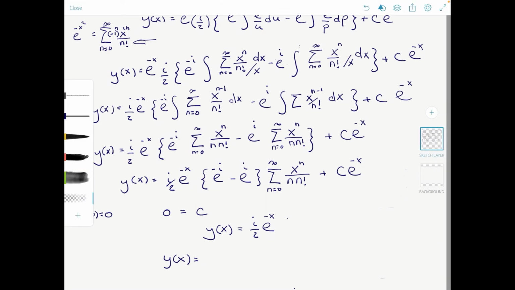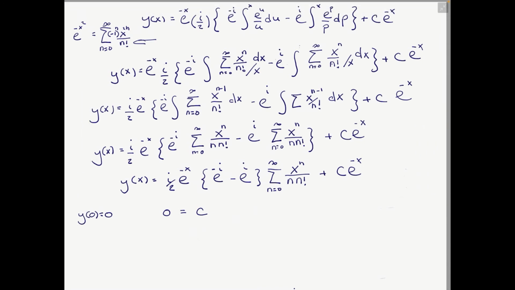Okay, so with c equals 0, we have y of x equals i on 2 e to the minus x, e to the minus i minus e to the i, times the summation of n equals 0 to infinity of x to the n on n factorial, and that's it.